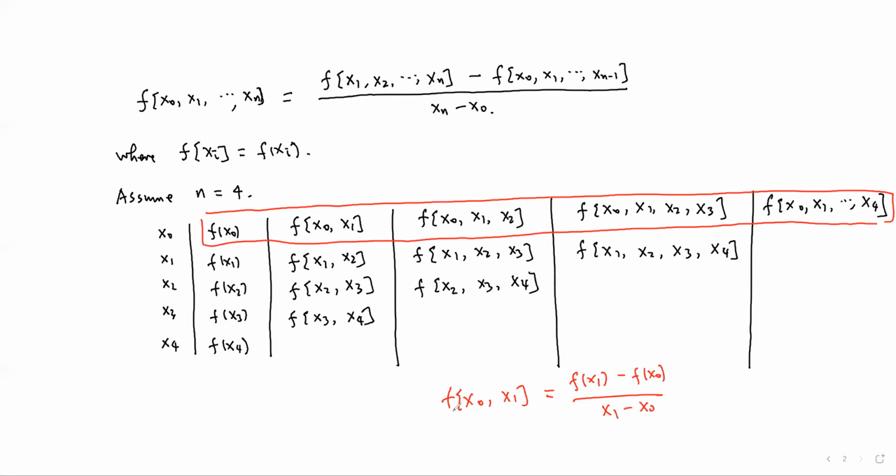And this number depends on the function value at x2 minus the function value at x1, then over x2 minus x1. Because function values are available, actually, we can compute the entries in this column at the same time.